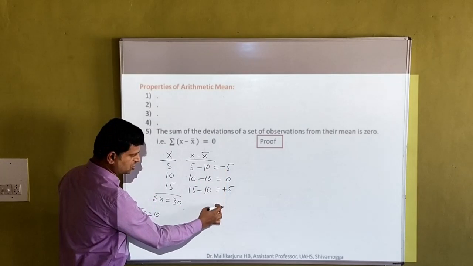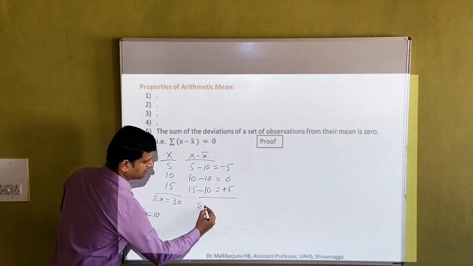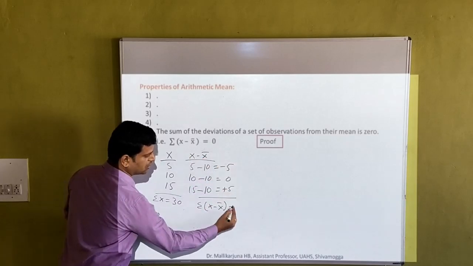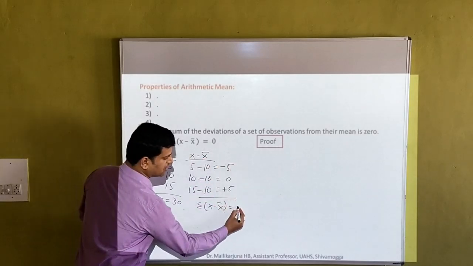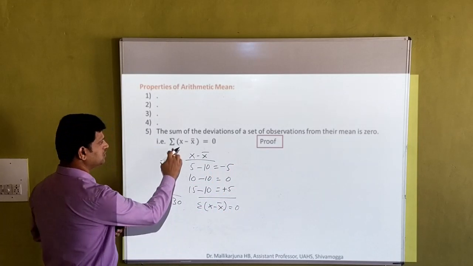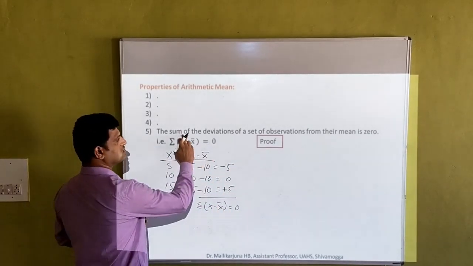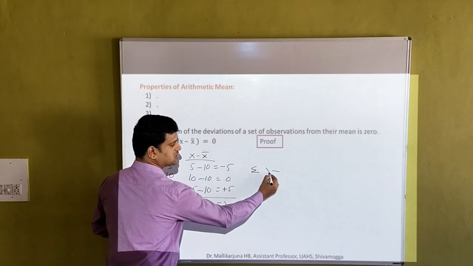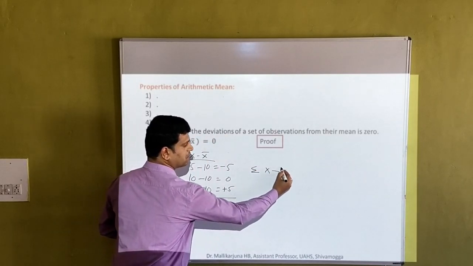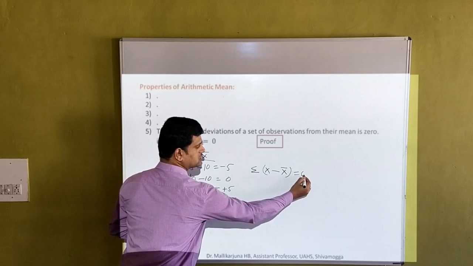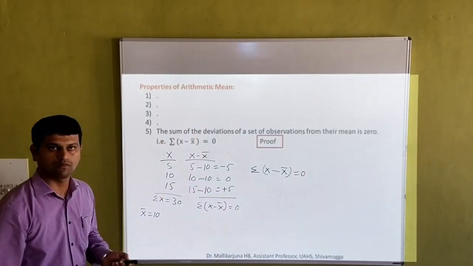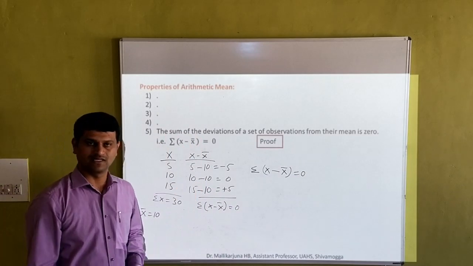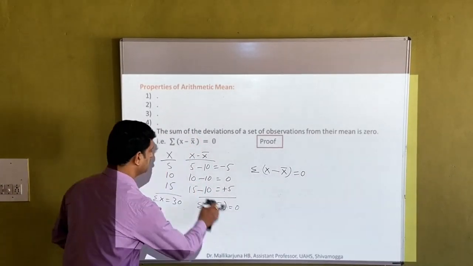Take the summation of these, that is summation of x minus x bar: minus 5, 0, plus 5 is 0. That's why this property: the sum of the deviations of a set of observations from their mean is 0. This is a property. Take any set of observations and you will get this. That's a property of arithmetic mean.